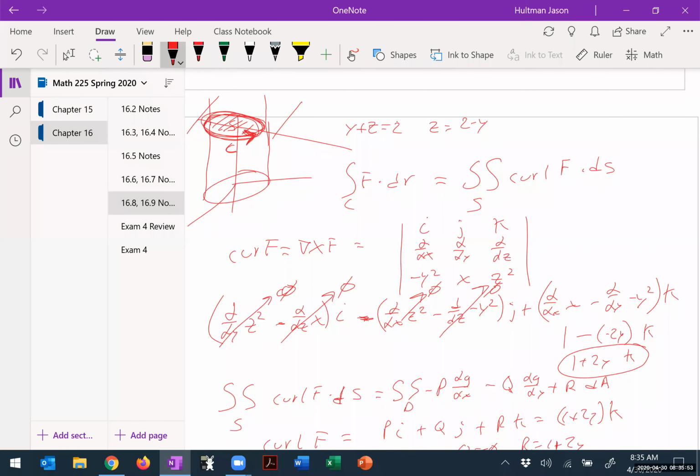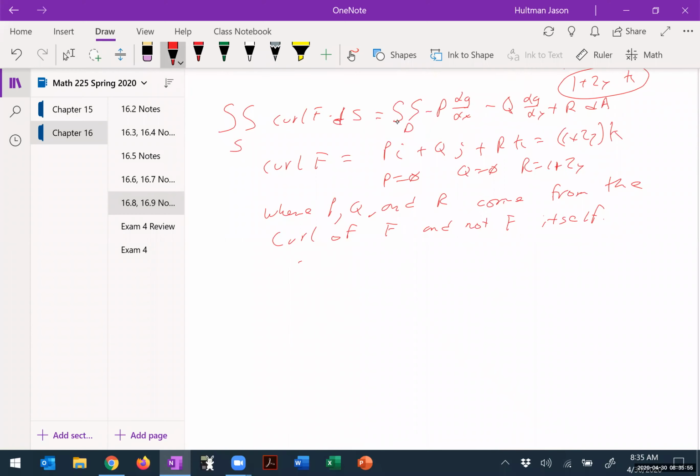I can write it as z equals 2 minus y. That's the plane that's slicing my cylinder. The cylinder just puts boundaries on the surface; it cuts it into a smaller surface, but the surface behavior is this plane z equals 2 minus y.